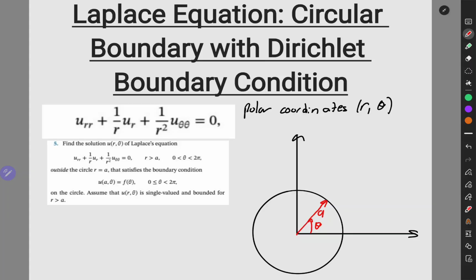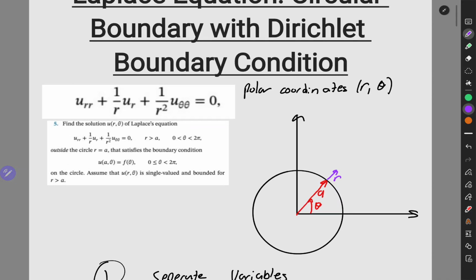It wants us to find the solution out here, so everything out here is at some distance r and some theta. It can go all the way out to here. It tells us to assume u(r, theta) is single valued and bounded for r greater than a. Let me just mark this up here.